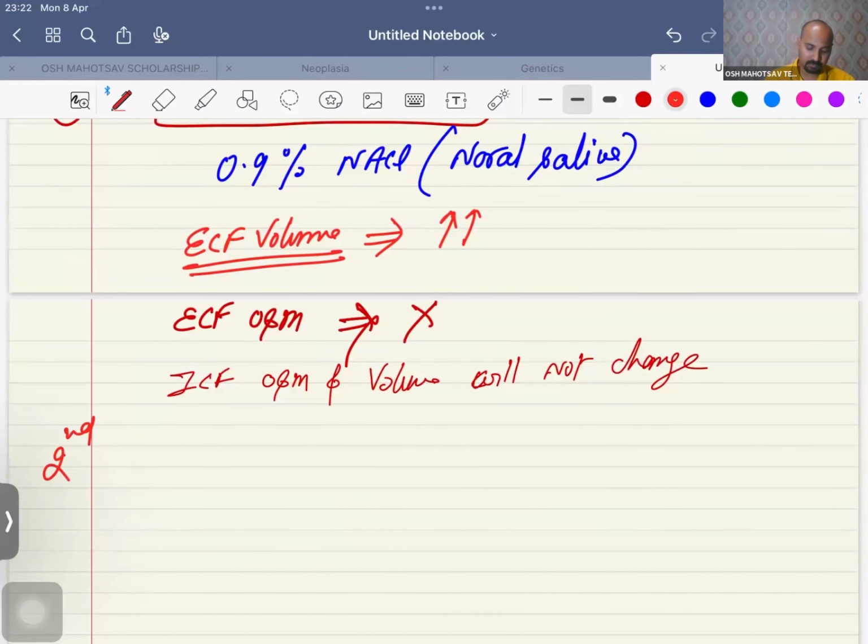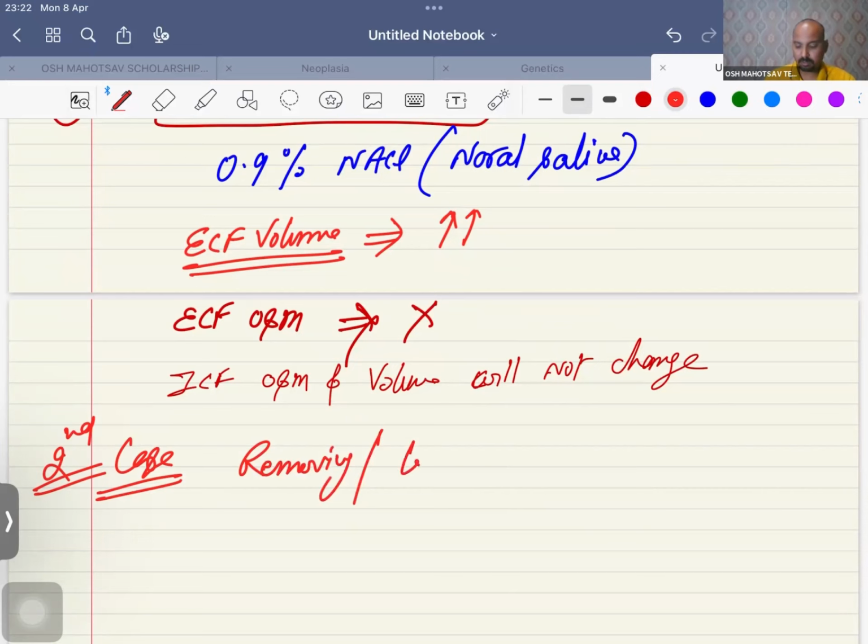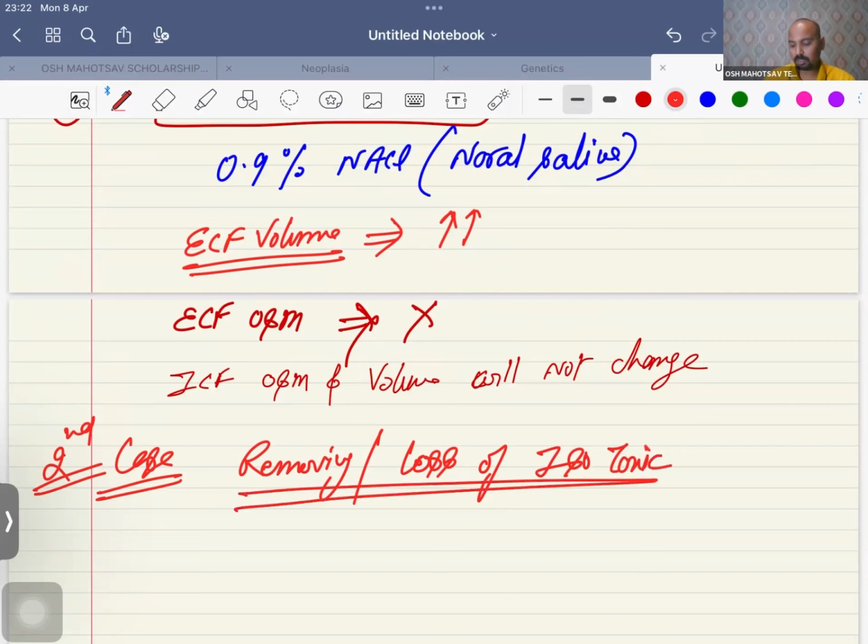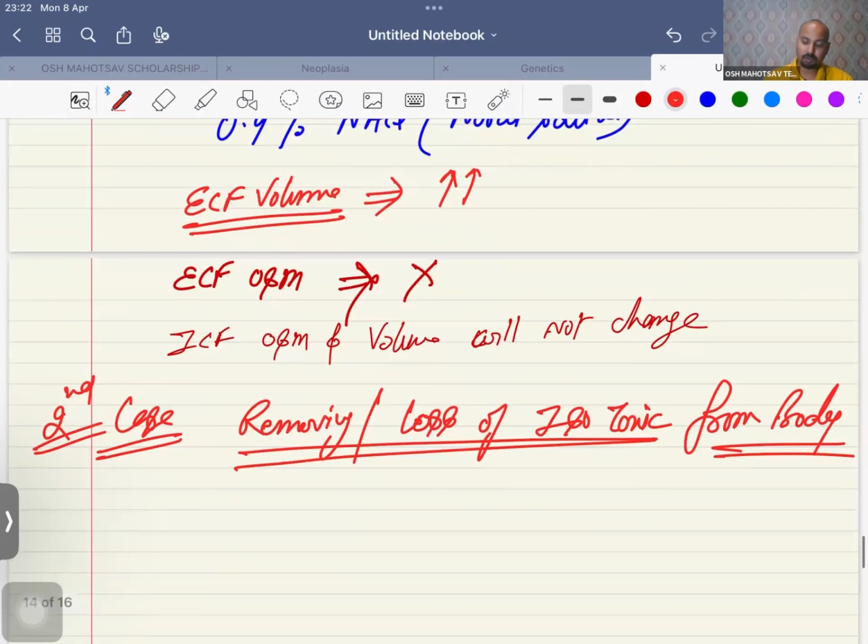Okay, second case we have. In the second case, if we are removing or loss of isotonic solution from the body, we are removing solute or whatever solute we are removing. Okay, so we have to remove, everybody knows, from only the ECF.